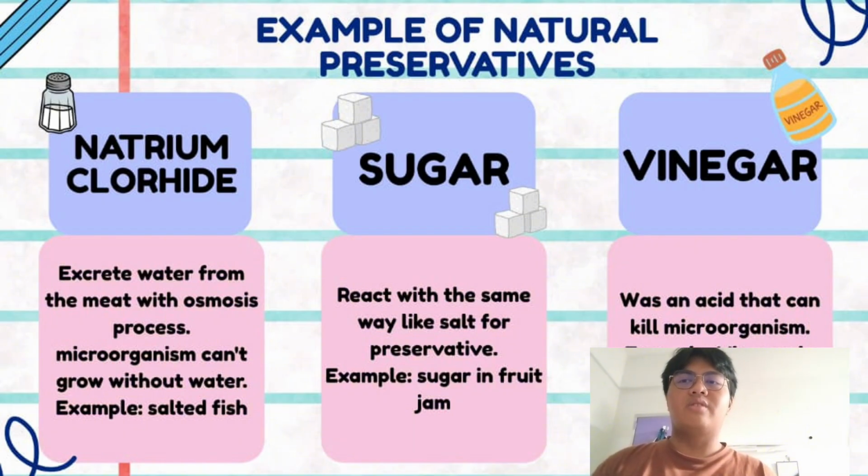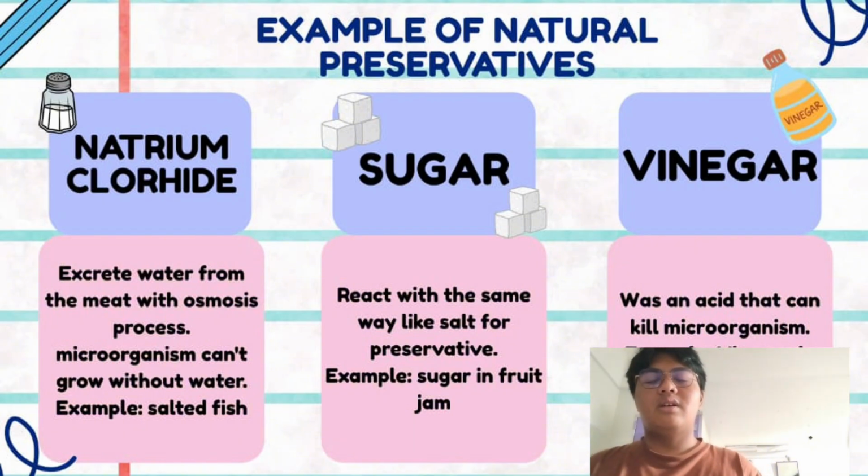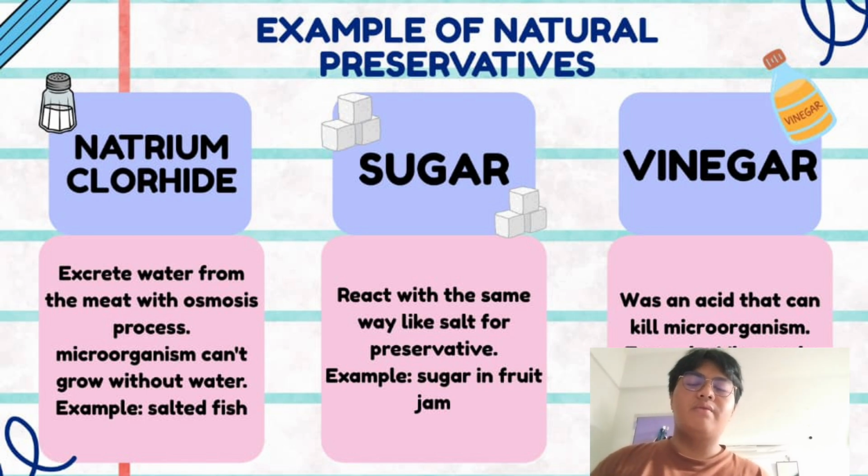For natrium chloride or salt, the way to preserve food is to scrape water from the meat with the osmosis process. Because the microorganism cannot grow without water, the meat will last long and it can extend the life of meat. For example, we usually see at Kelantan and Terengganu, they use salt to salt the fish.